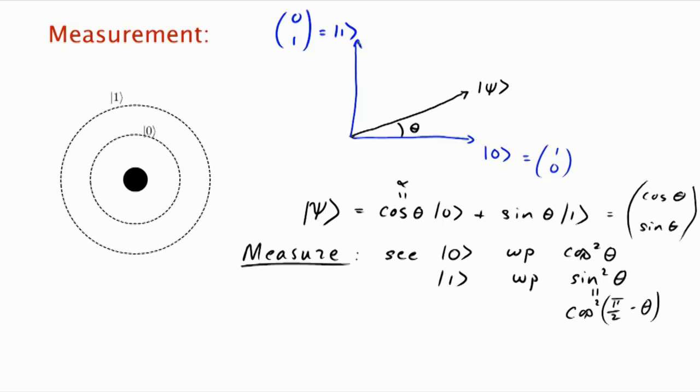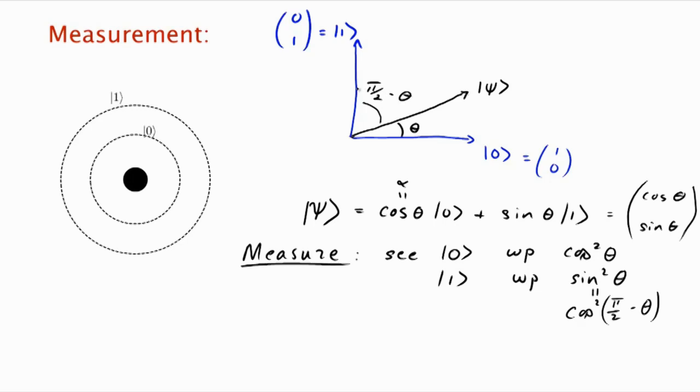With what probability? It gets projected onto the ground state with probability cosine squared theta, the square of the cosine of the angle it makes with the ground state. What about the chance of getting to the excited state? Well, this angle is pi by 2 minus theta, so it gets projected to the excited state with probability cosine squared of pi by 2 minus theta.